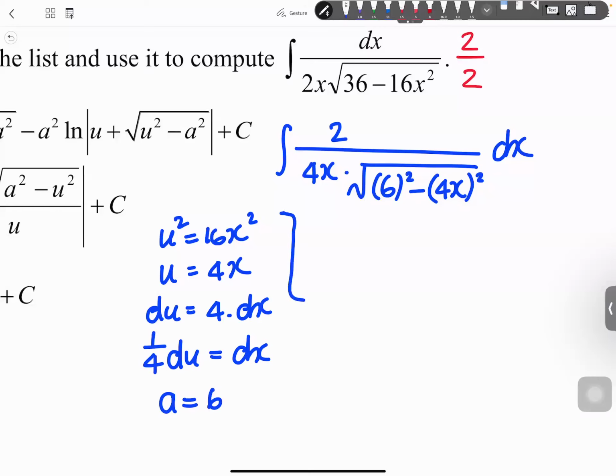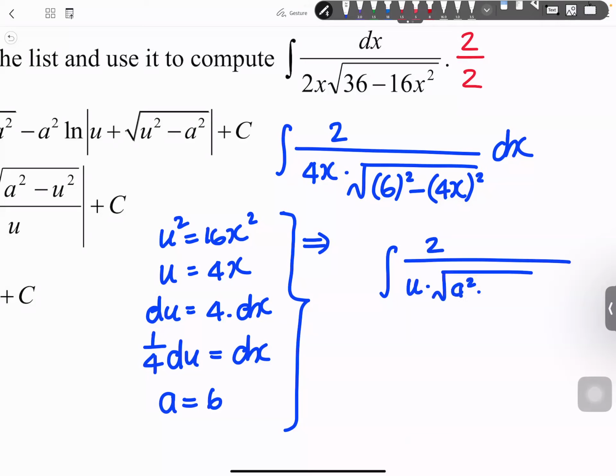So when we do the proper substitution, if we substitute all of these values into my problem, what we're going to end up with is the integral of, so I already have a 2 up here. The 4x becomes u. Then we have the square root of a squared minus u squared.